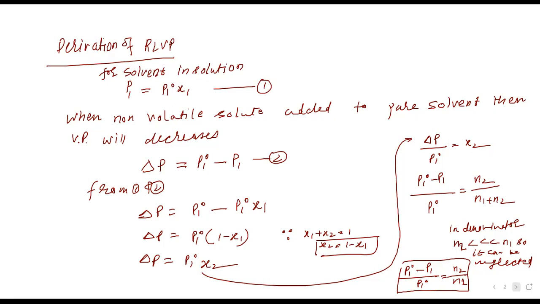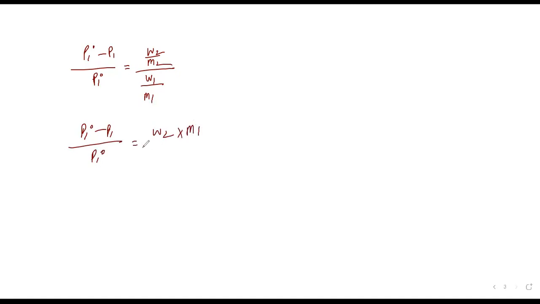Yes. Okay. So what we can write? P1 naught minus P1 divided by P1 naught is equal to W2 upon M2 upon W1 upon M1. So P1 naught minus P1 divided by P1 naught is equal to W2 into M1 divided by M2 into W1.